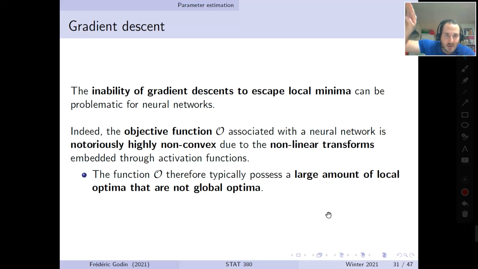It's not like a nice curve like this. It's typically a very bumpy function of parameters, and there are many local optima. So if you cannot escape local optima, then it might be hard to train your model. Using gradient descent in this kind of setting can be problematic. Sometimes for some problems it might work just fine, but for some others it can be problematic.